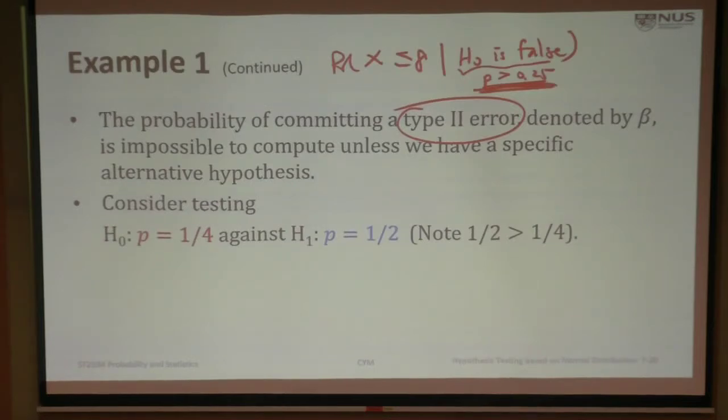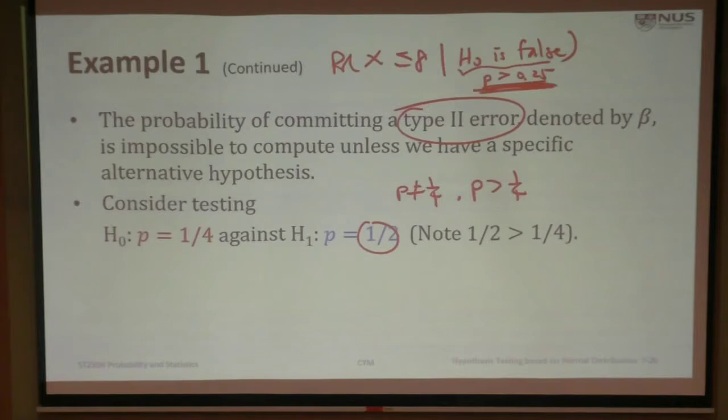What we can do is specify a certain P value to compute the probability. In other words, for the probability of committing a type 2 error, in general we have to specify a parameter value which is not the same as the null hypothesis. So I specify any value so long as it is not equal to 1/4 and also bigger than 1/4.